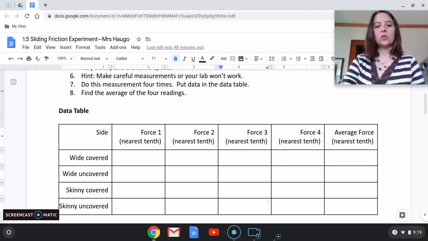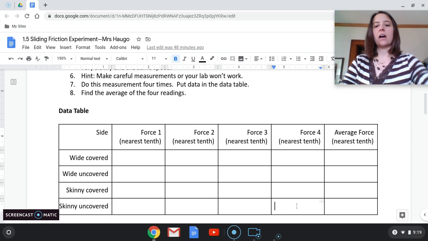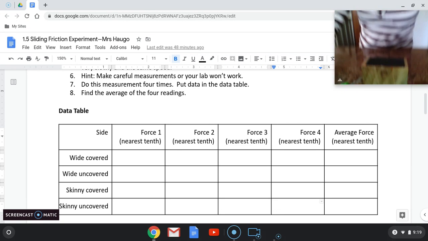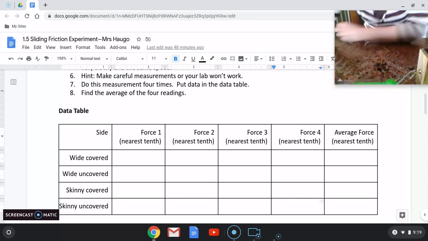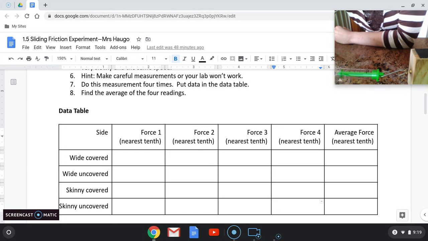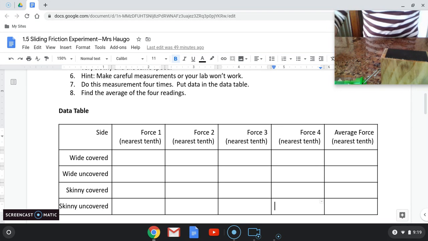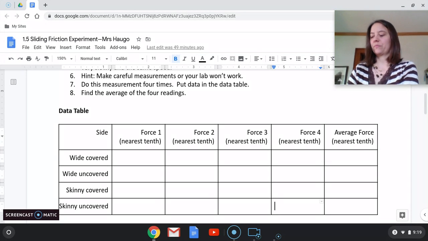So please write 0.2 newtons there, and moving on to our final trial. It's between 0.1 and 0.2, a little closer to 0.2. So again, 0.2.